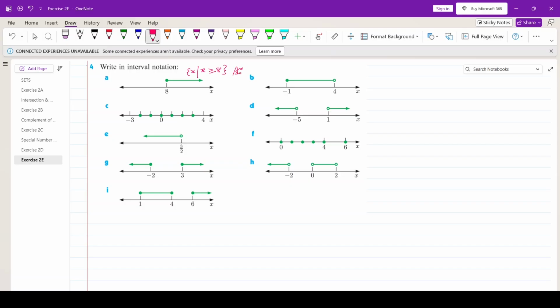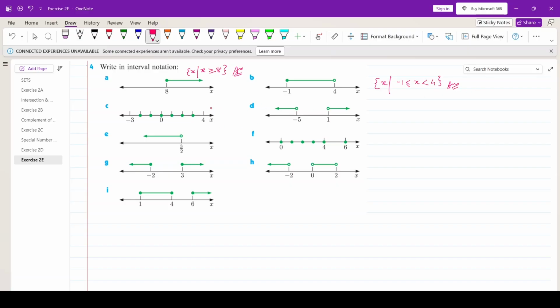This is our answer. Part B, now we have a line, continuous line. That means we are talking about real numbers. Therefore, a set of all x such that x is greater than or equal to -1 and less than 4. This is our answer.